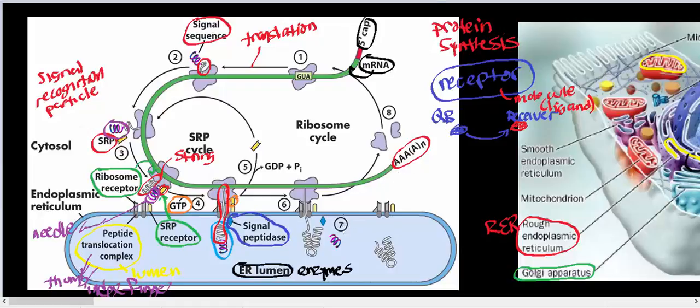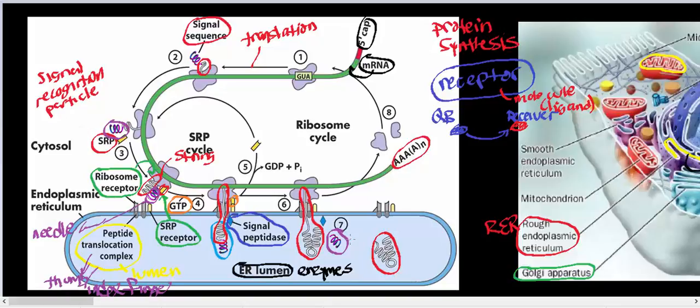Notice, it cleaved off the signal sequence. So now this needle is no longer a part of the final product. All this protein right here, notice it's getting longer and longer, because we're making more and more protein. This final string is no longer attached to the needle. We cleaved off the signal sequence.